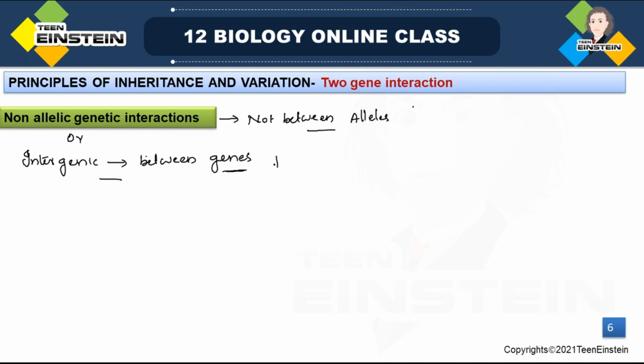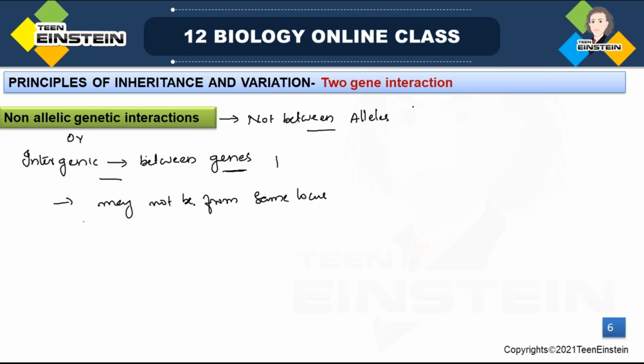One gene of one locus and a gene of another locus may interact together and form a phenotypic expression. That also can happen.